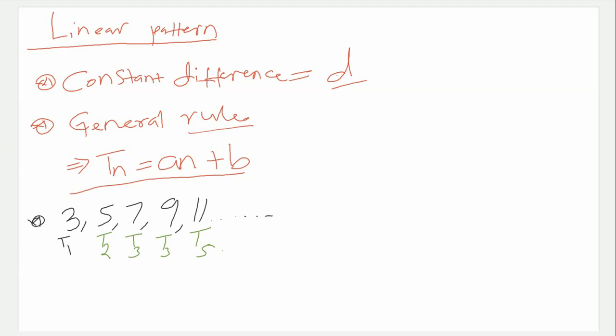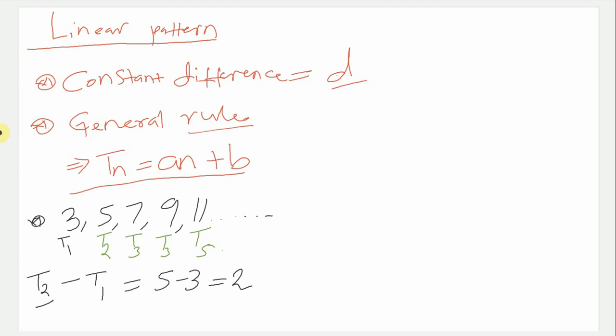If we look at this pattern and we want to find the constant difference, we find the common difference by saying T2 minus T1, which equals 5 minus 3, which is 2.